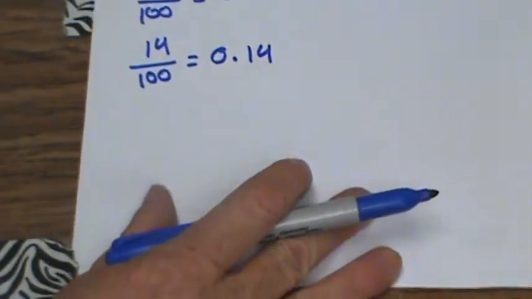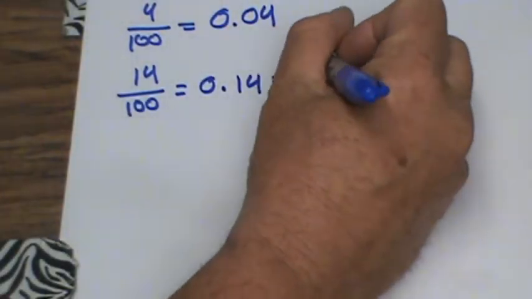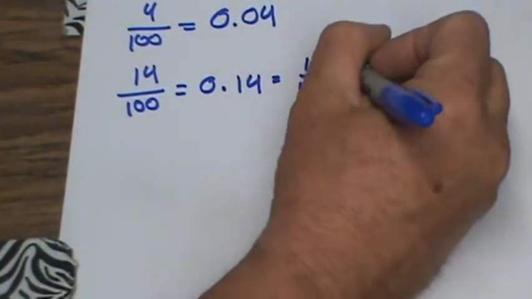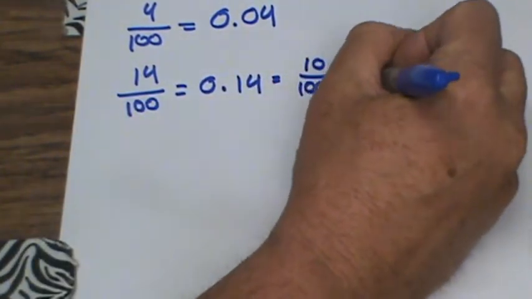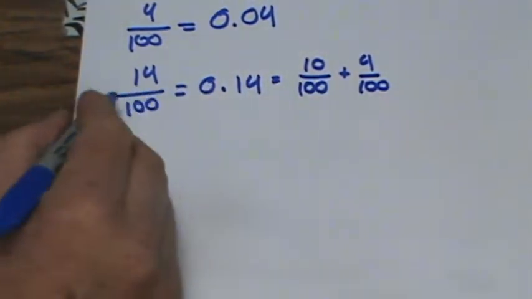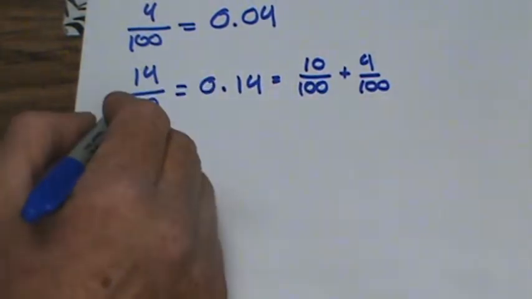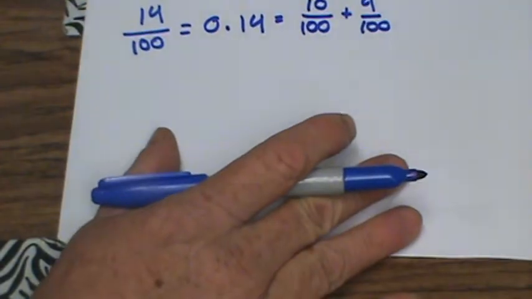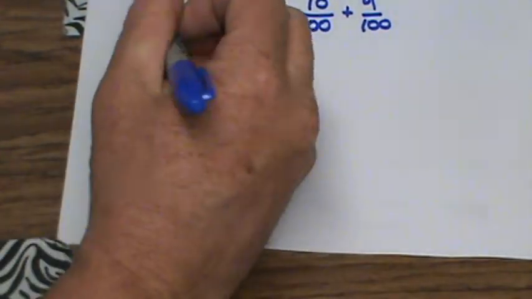Let's go back here to this. We're going to think about this in a different way. It's going to equal 10 hundredths, that's 1/10, remember, plus 4 hundredths. And that's equivalent to 14 hundredths, and 10 hundredths plus 4 hundredths is 14 hundredths. Ta-da! Let's go reverse now.